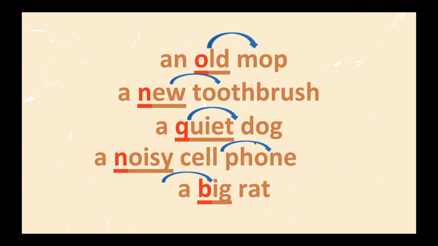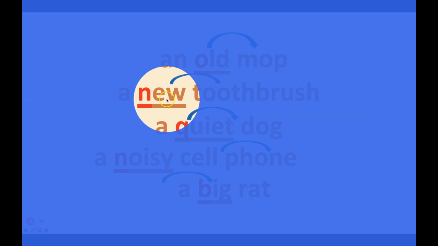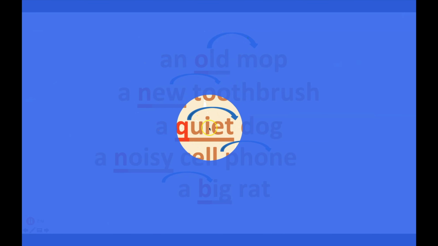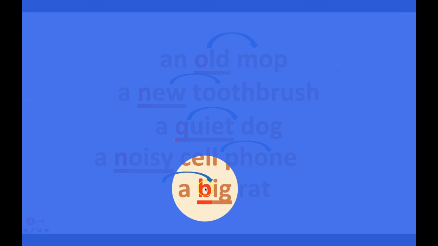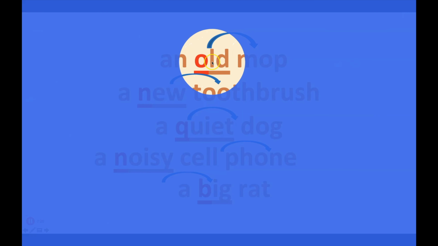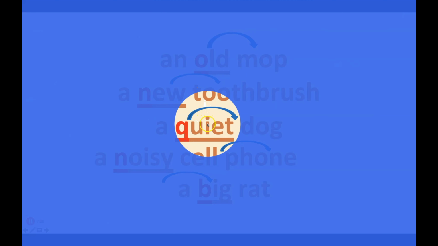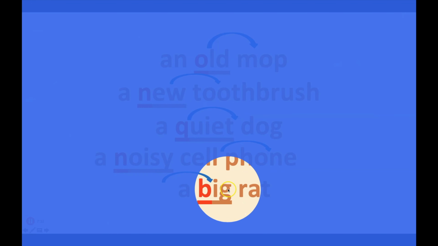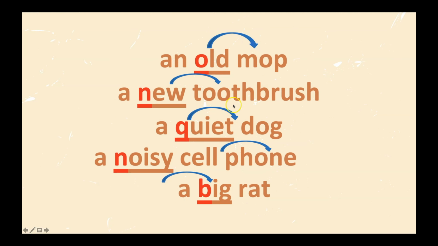Okay, now remember, we have words such as old, new, quiet, noisy, and big that tell us information about other words. We call these adjectives.